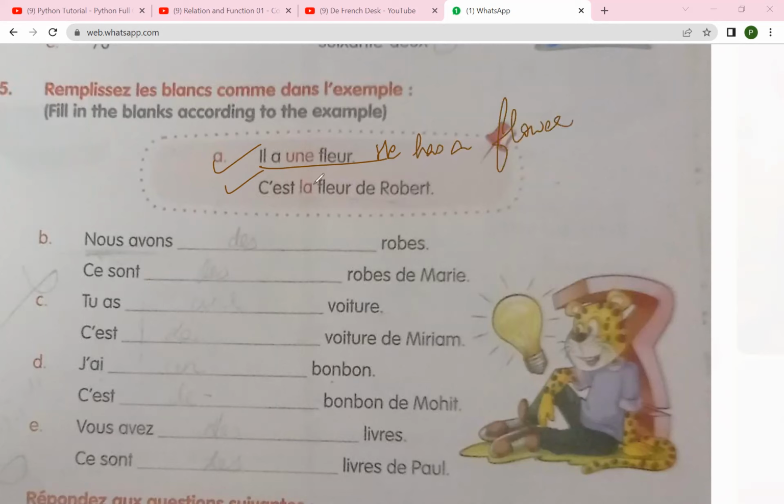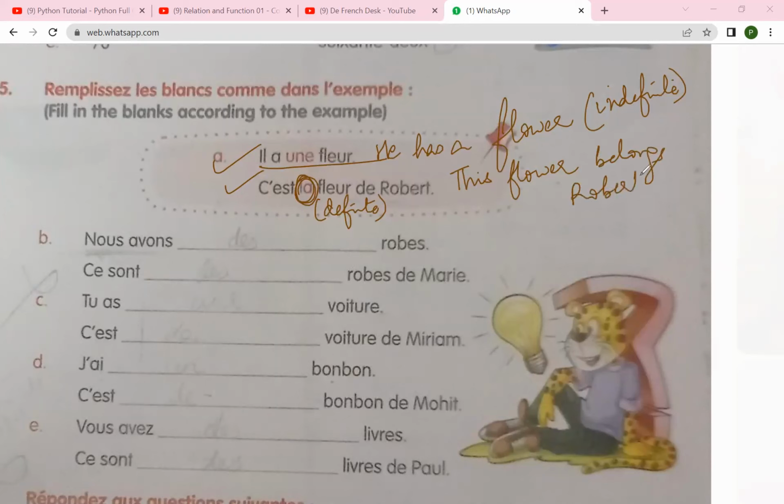And in the second sentence, here we are making use of indefinite article. If you can see une. And here in the second sentence, we are making use of definite article. So this sentence means this flower is of Robert. C'est la fleur de Robert. So this flower belongs to Robert. So we have to write each sentence in these two manners.